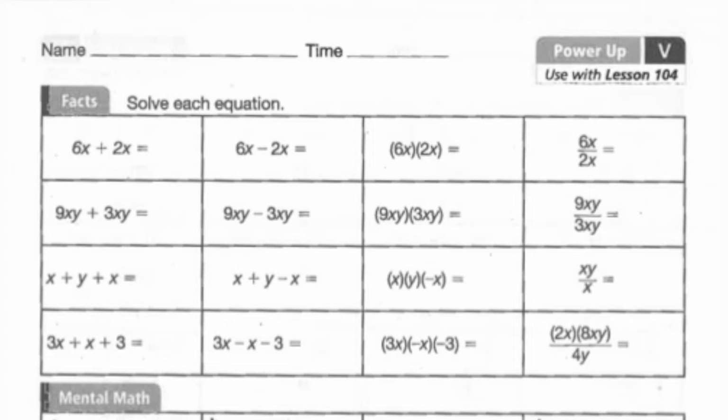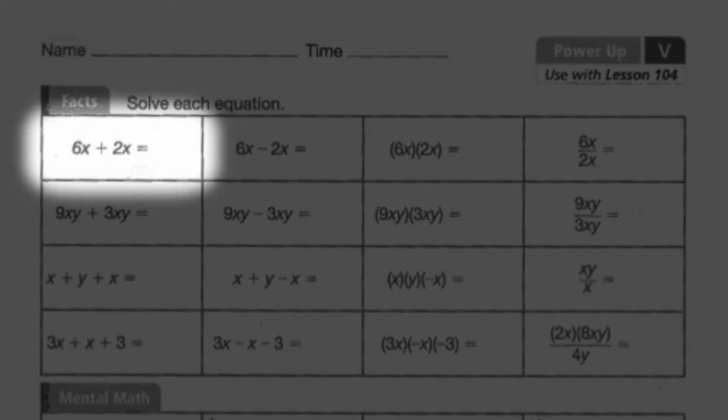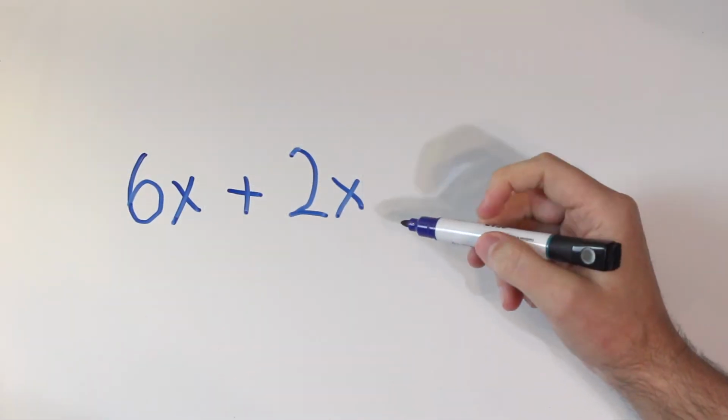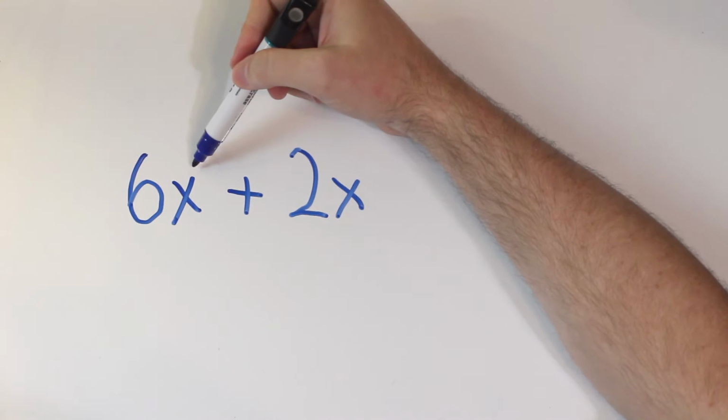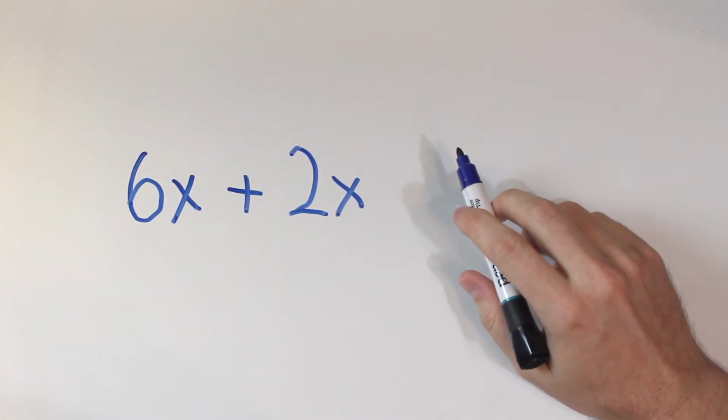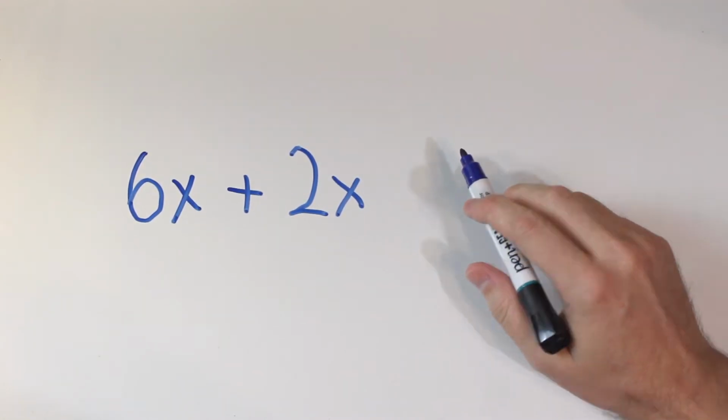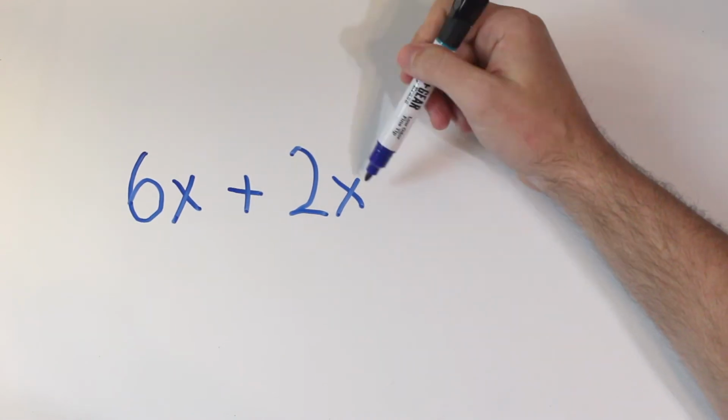In this PowerUp, we get to review adding, subtracting, multiplying, and dividing numbers and variables. First, we have 6x plus 2x. To solve expressions like these with variables, the way I try to make sense of it is to put something concrete in place of the variable at first.